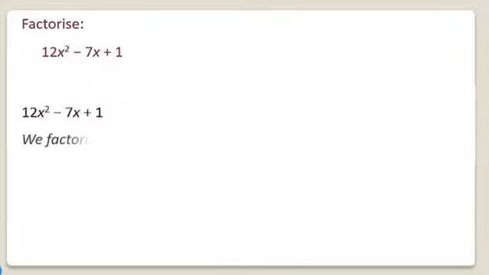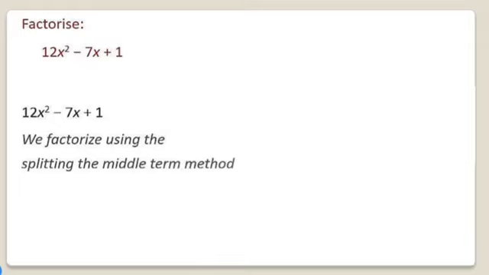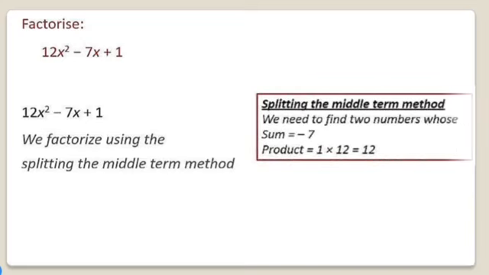We factorize using the splitting the middle term method here. So for the splitting the middle term method, we need to find two numbers whose sum is minus 7 and product is, here the value of A is 12 and the value of C is 1. So if we multiply 1 and 12, we get product as 12 and the sum is minus 7.